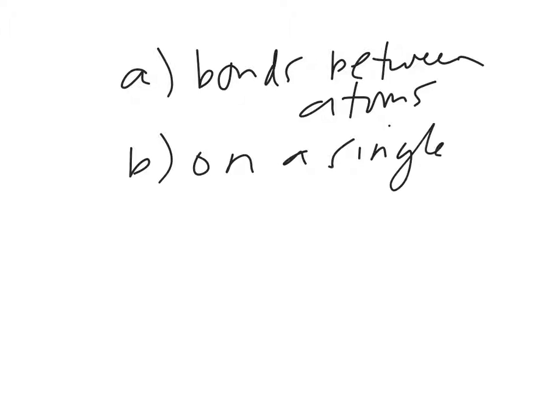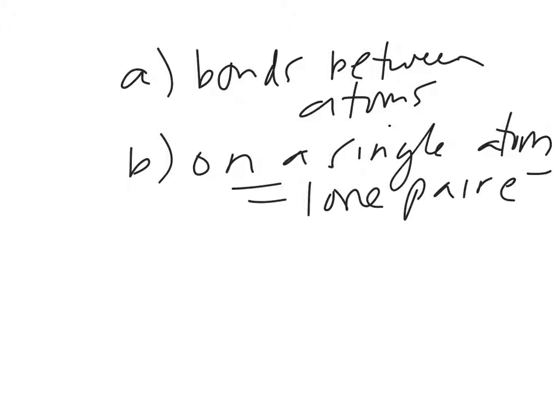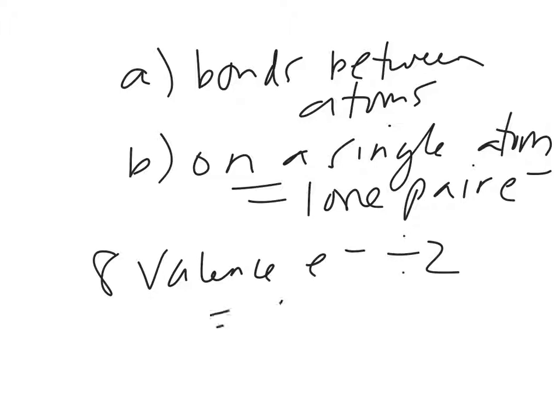And when they show up on a single atom, we call them a lone pair of electrons. Okay, so if we take 8 valence electrons and we divide it by 2, that tells us we have 4 pairs of electrons to put on our Lewis dot structure.